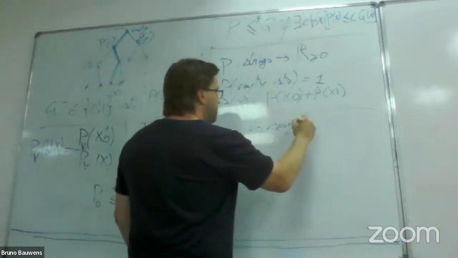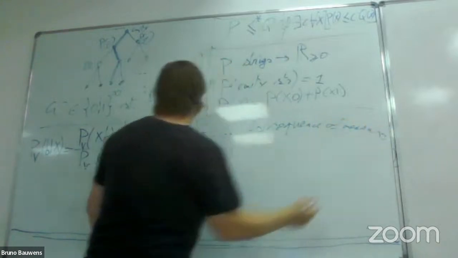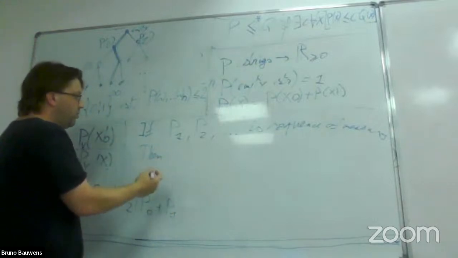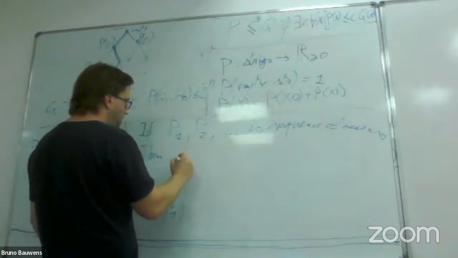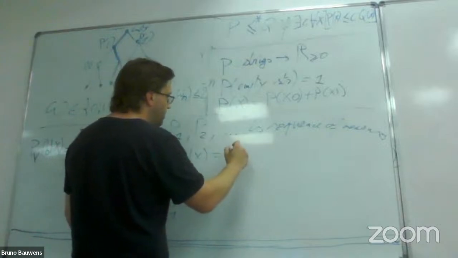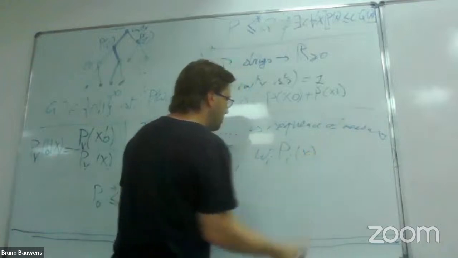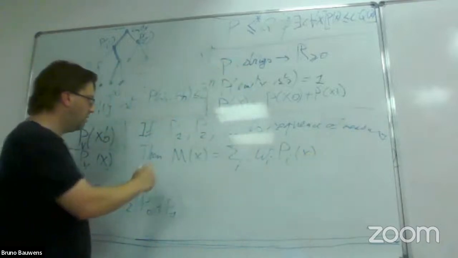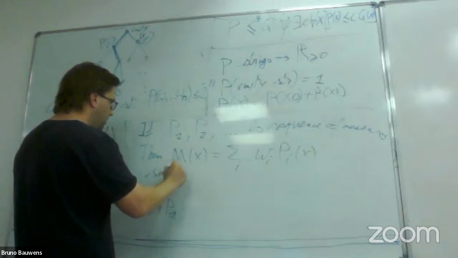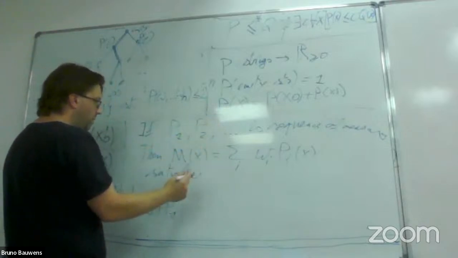Then I need some weights to weight them. Let us call it M: M of x equals the sum over i of Wi Pi of x. Then M dominates all these measures.